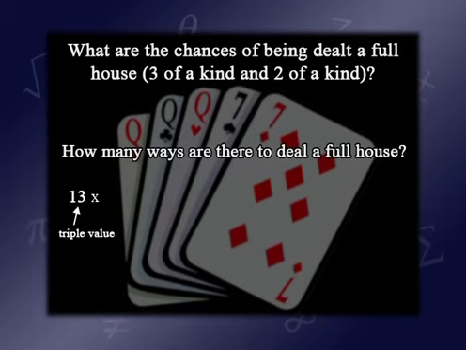Okay. Once you've chosen queens as the tripled value, then you say, how many ways can you pick the duplicated value, the value that appears twice? Well, there are 12 ways of doing that. Let's say you went with 7s. Okay. Now, once you've chosen queens and 7s, we have to decide the suits of those cards. We'll start with the queens.